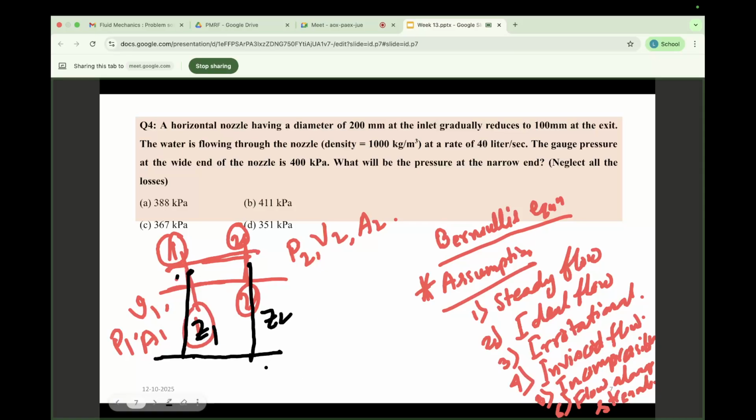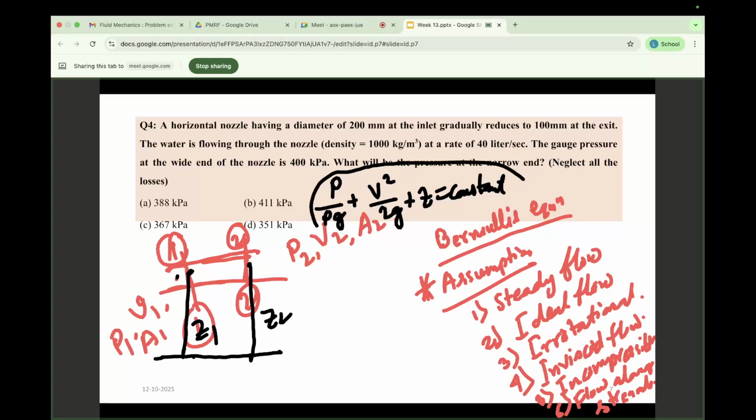What is the pressure head? P by rho g plus v square by 2g plus z should be constant. That is the Bernoulli's equation. At points 1 and 2, first you need to find the total head at point 1.